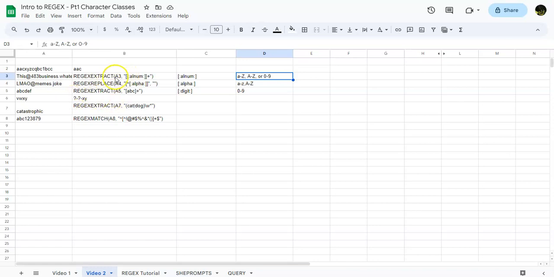So in this case, we're going to take a look at some functions that use these notations. So let's go to regex extract, and let me actually set this up first.